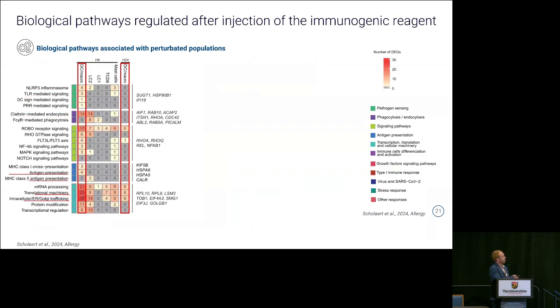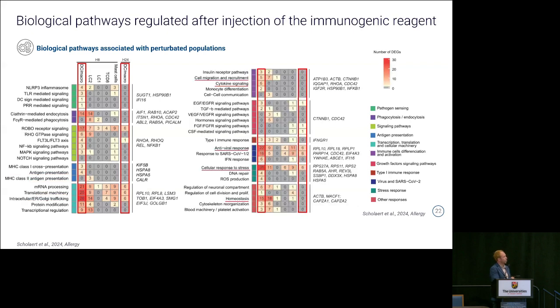Then we could also see MHC class 1 cross-presentation activation, MHC class 2 antigen presentation as well, translational machinery and trafficking, obviously endoplasmic reticulum and Golgi, and activation of cell migration and antiviral responses, and basically there were modifications of the global homeostasis of the dendritic cells. So we can really go into detail and see, if we inject an immunogenic substance, which cells are likely to be the most affected by those substances.